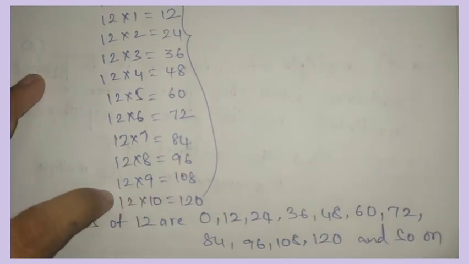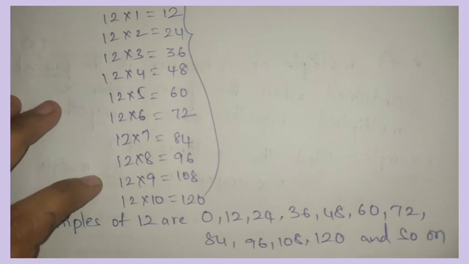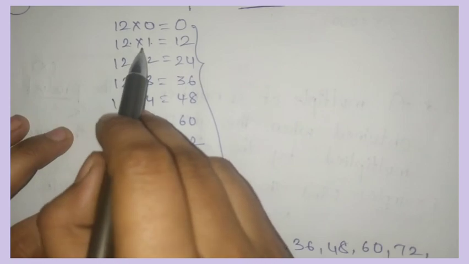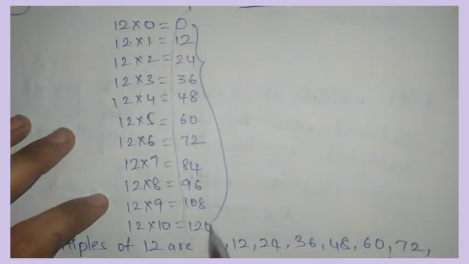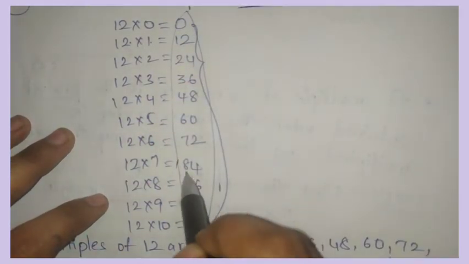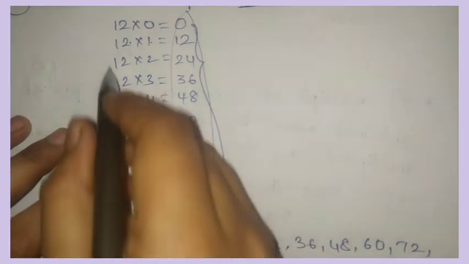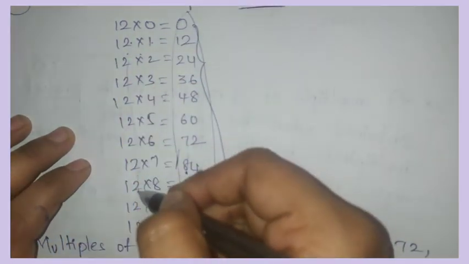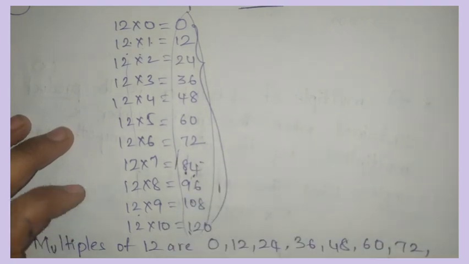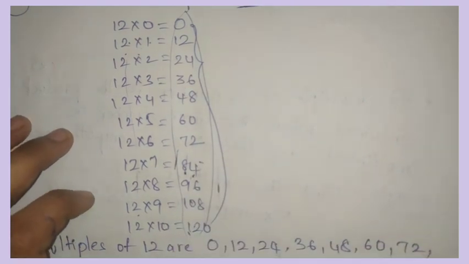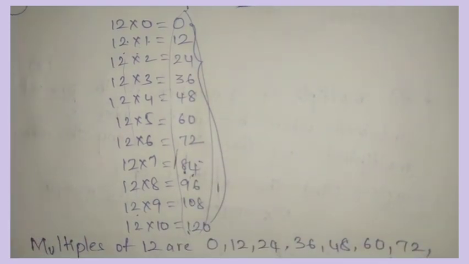The products we get are nothing but the multiples of 12. After doing multiplication, these answers are multiples of the number we are multiplying, 12. I am sure you understood this topic.